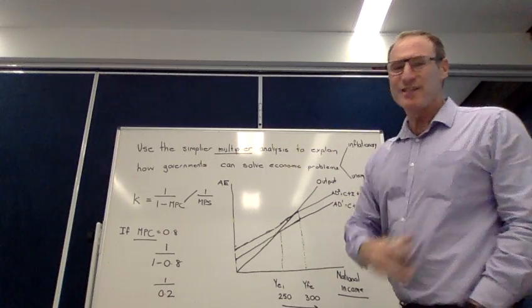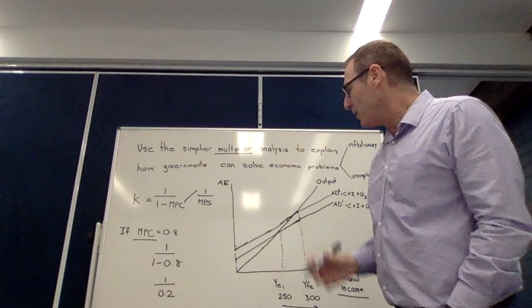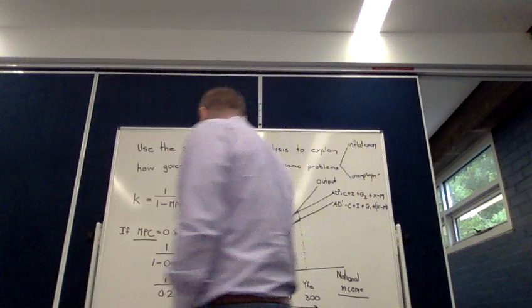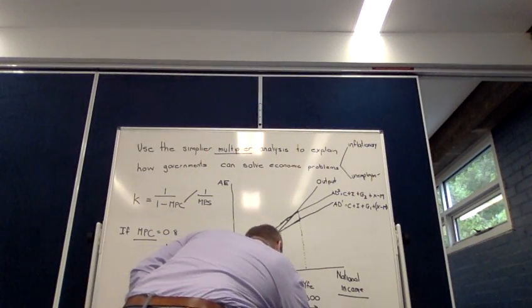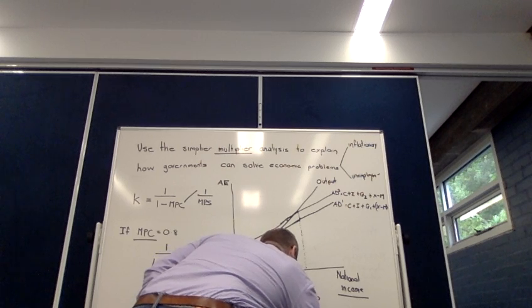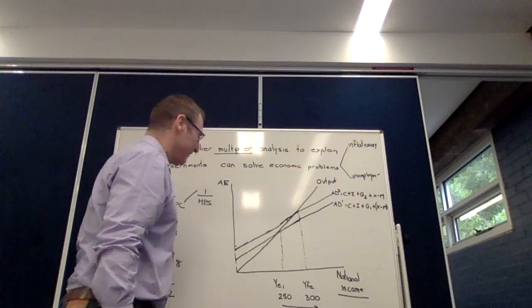So how much does aggregate demand actually have to increase? Well, if the multiplier is 5, we have to increase aggregate demand by 10 to get that 50.